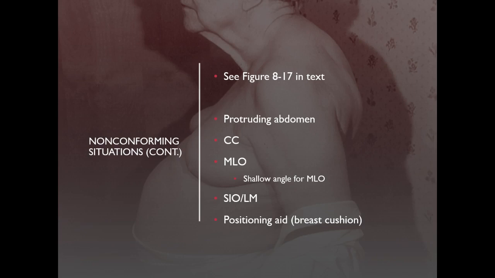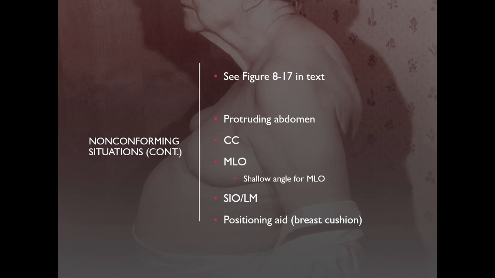Take your time, be patient. Luckily, these are not the normal patients, so you're not going to go to work and have 20 of these type of challenges to deal with. You know, usually you're probably going to have one, maybe a couple in a day that are really going to be challenging for you. The other thing that they're talking about on this slide is a positioning aid called a breast cushion.